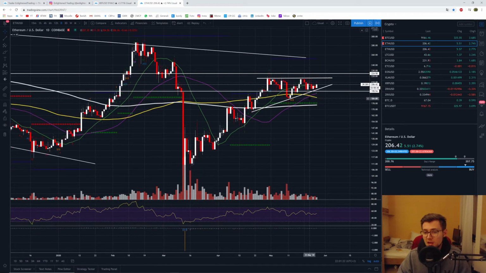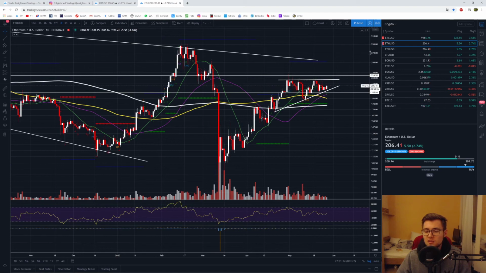And as I said, if we challenge $215 or $270, then we most likely will move higher. And if we consolidate even further, then I think it will be an even stronger signal that we will break out to the upside.